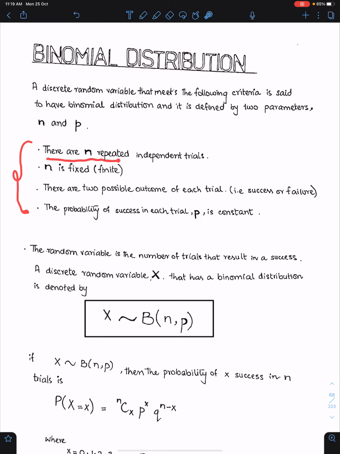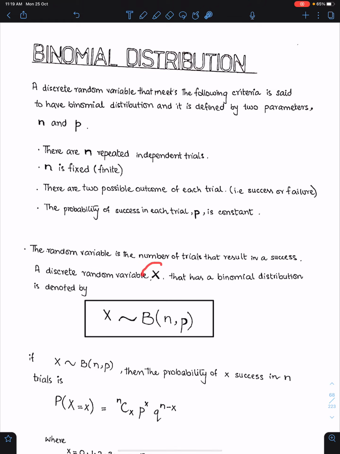Number 1, there are n repeated independent trials. The trials must be independent. N is fixed. Number 3, there are two possible outcomes of each trial: success or failure. Number 4, the probability of success in each trial, which is p, is constant. The random variable is the number of trials that result in a success.